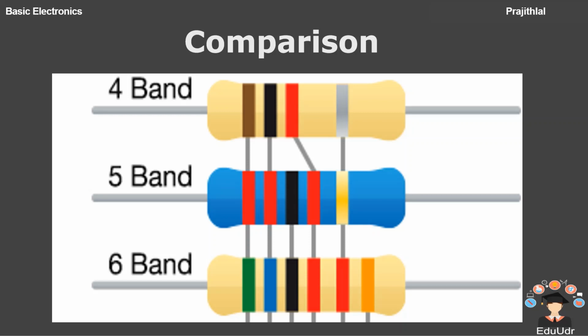Next is the 6-band color-coded resistor. In a 6-band resistor, same as in 5-band, the first three are reserved for significant figures, the fourth one for multiplier, and the fifth one for tolerance. And there is an extra sixth band that represents the temperature coefficient of the resistor.